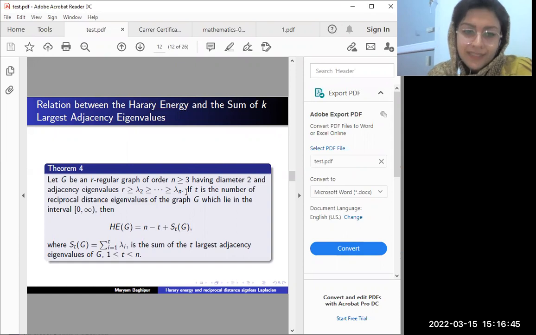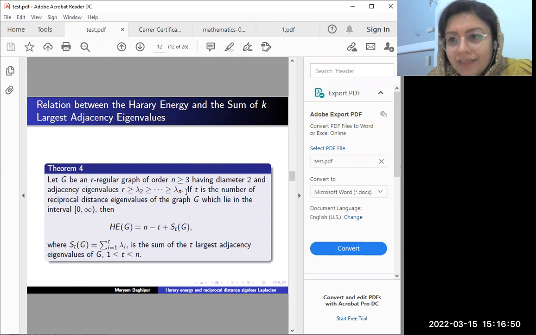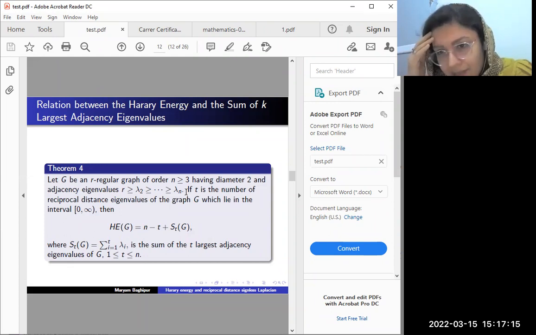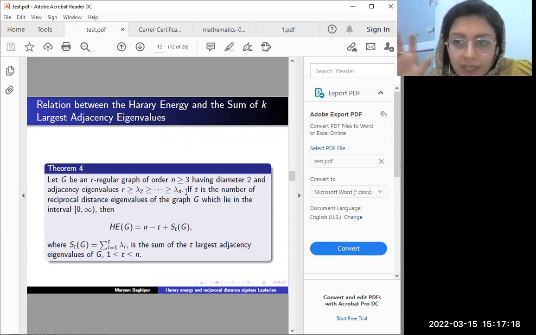We obtain a relationship between Harary energy and the sum of the largest eigenvalues. Let me talk in this way. The reciprocal distance matrix of order n has n eigenvalues. Some of them are positive. The trace of this matrix is zero, while for the reciprocal distance signless Laplacian and reciprocal distance Laplacian matrices, these matrices are positive semi-definite and all of the eigenvalues are nonnegative.